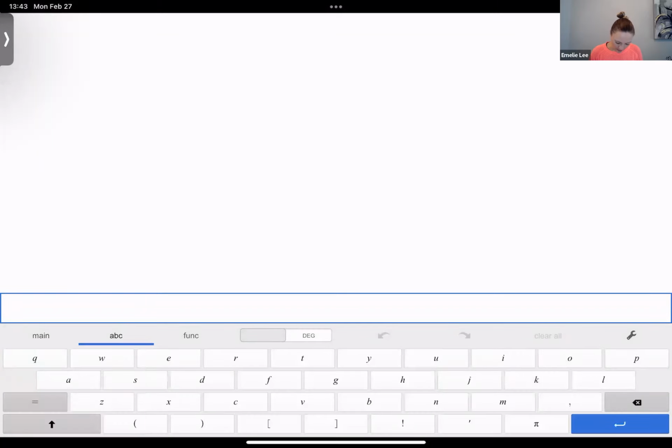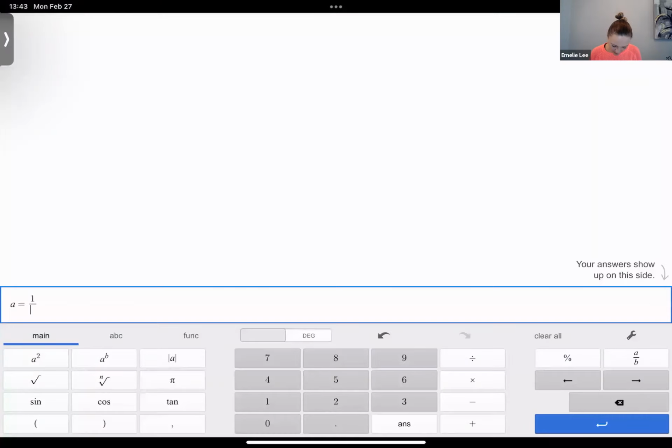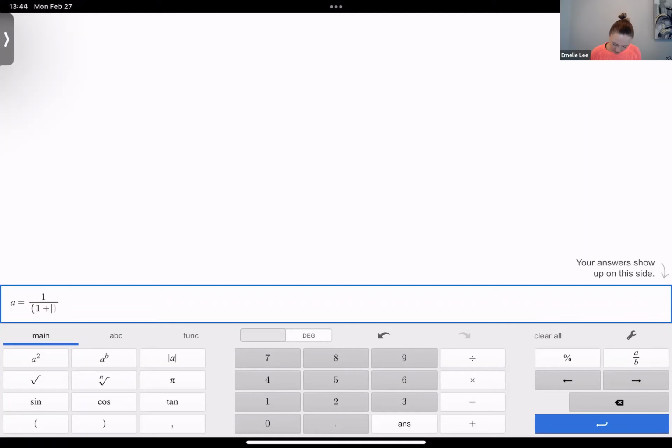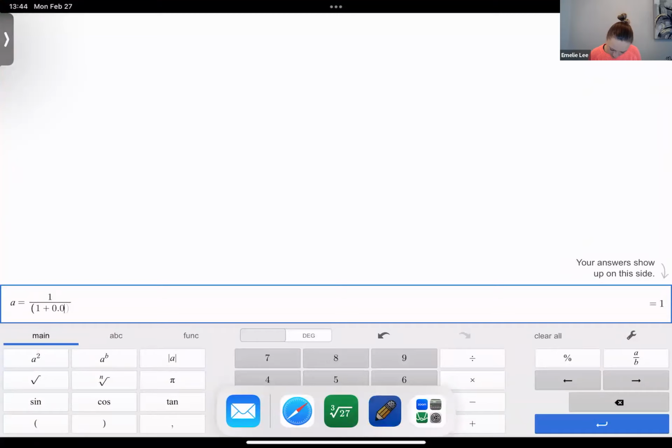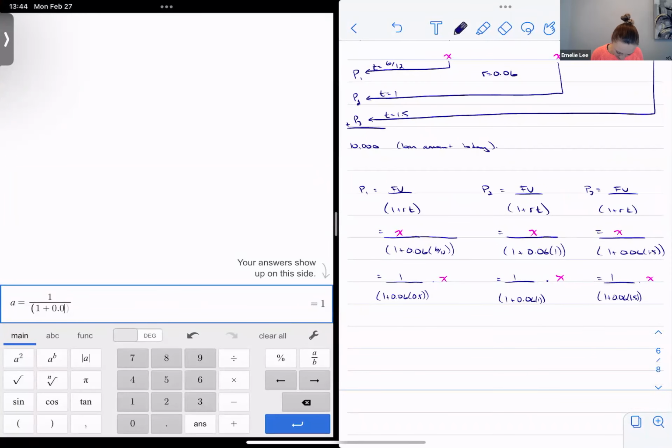Let's see here. I think I can do A equals. Now, I haven't played around with this yet, so let me see here. If I can just store it, A is going to be 1 divided by bracket 1 plus 0.06 times 0.5.